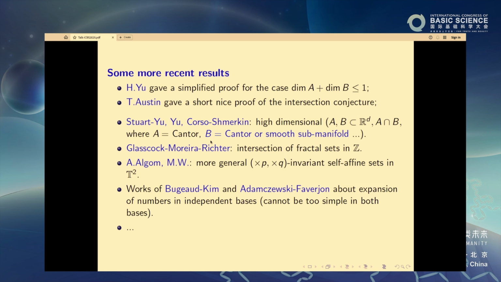Being automatic in a certain base really means the number is extremely simple, but still it is quite a hard task to show this.